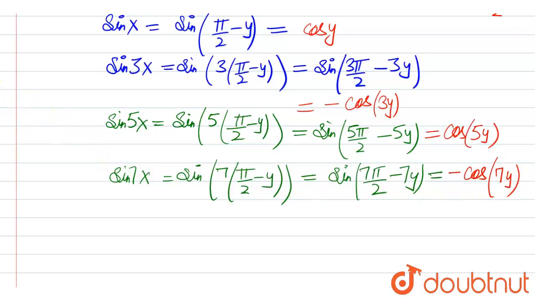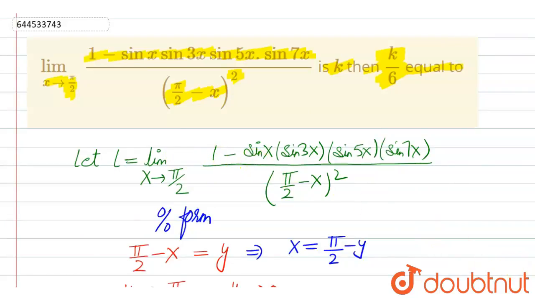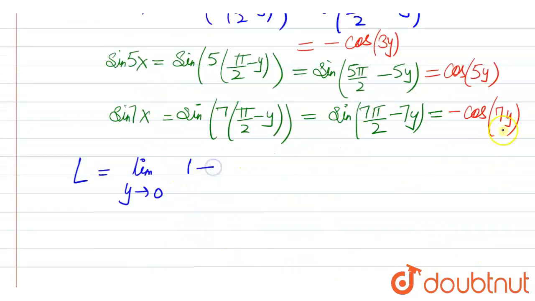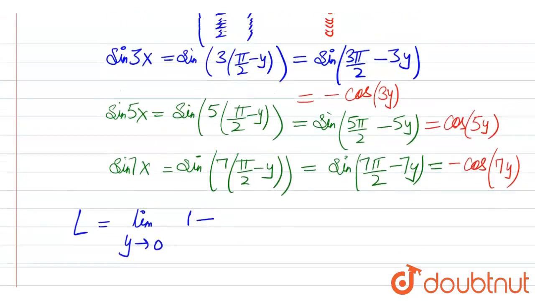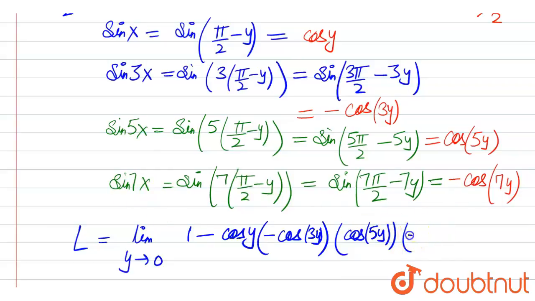So our limit becomes, we can write L as equal to limit y approaches to 0 of 1 minus the value of sin x, which in terms of y is cos y, into sin 3x value, which is minus of cos 3y, then sin 5x value, which is cos of 5y, then sin 7x, which is minus of cos 7y.